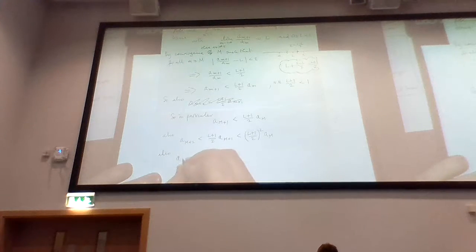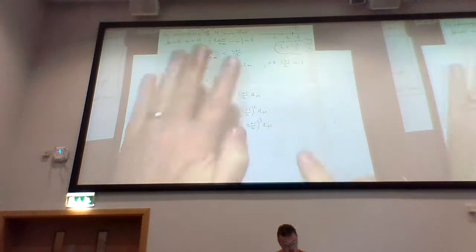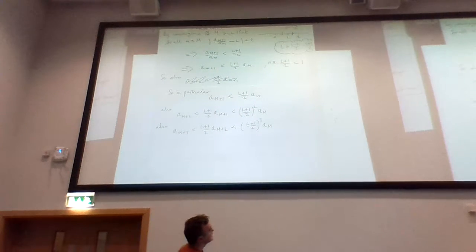Also, when you look at a_{M+3}, that's going to be strictly less than (L+1)/2 times a_{M+2}. But when you combine that with the previous inequality, we get strictly less than ((L+1)/2) cubed times a_M. So you can see the pattern.